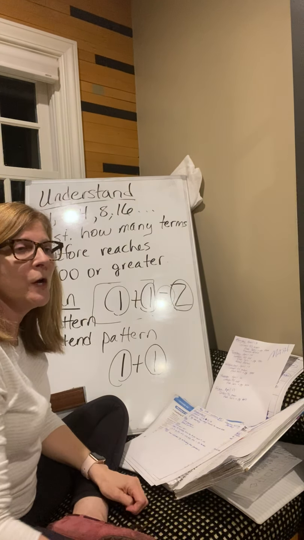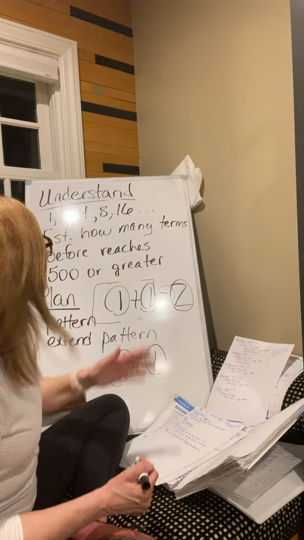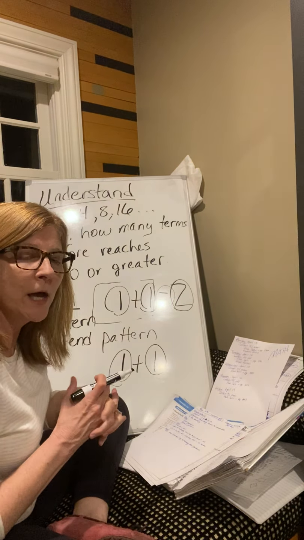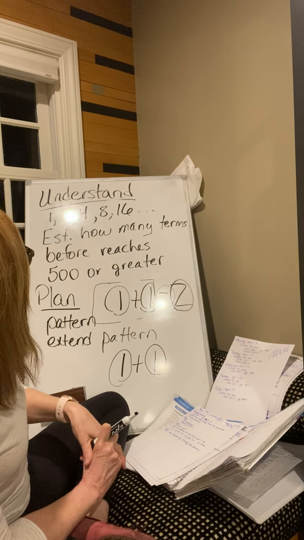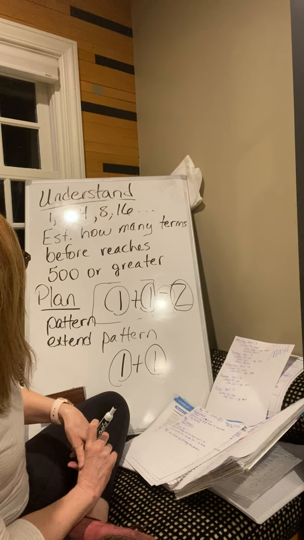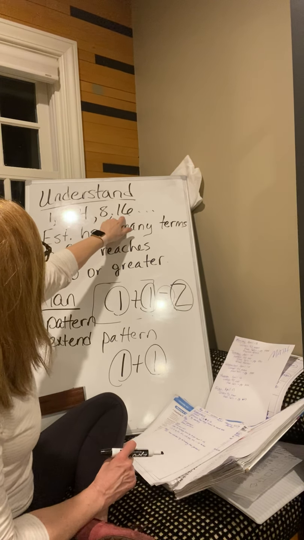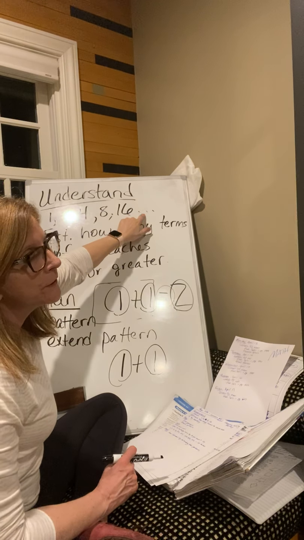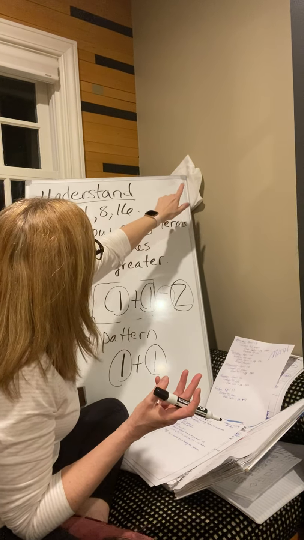Okay. So now before we solve out what all the other terms are, we're supposed to estimate about how many terms we think it will take us to get to 500. If every term doubles, 1, 2, 3, 4, 5, that'd be about 30, 60, 120.